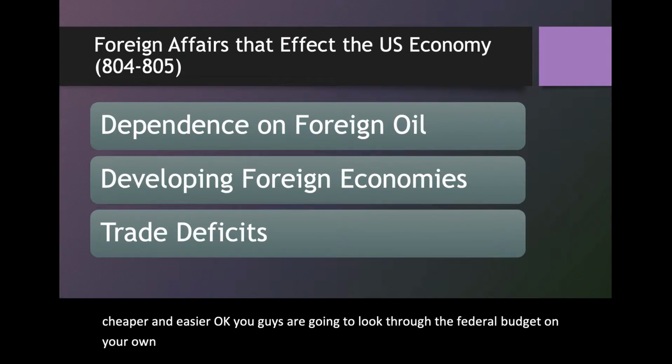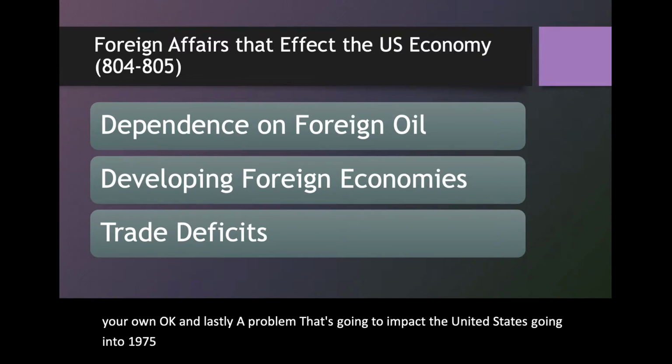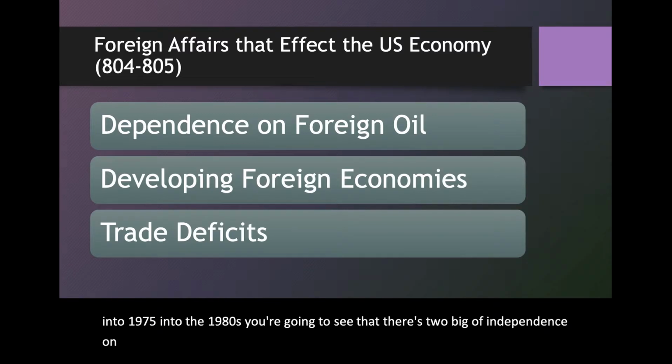And lastly, a problem that's going to impact the United States going into 1975 into the 1980s. You're going to see that there's too big of a dependence on foreign oil, which creates economic crisis.